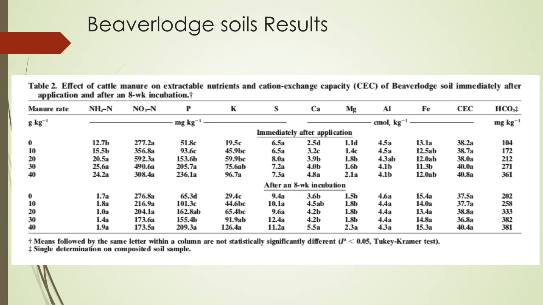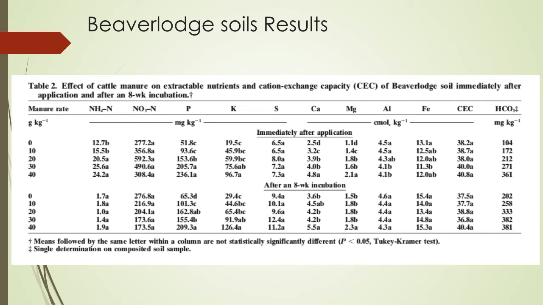So here we have a photo of the Beaver Lodge soil results. As you can see, on the left here, we have some ammonia and the nitrate results, and there was an increase immediately, and it decreased over time.